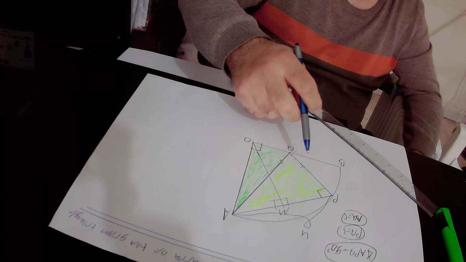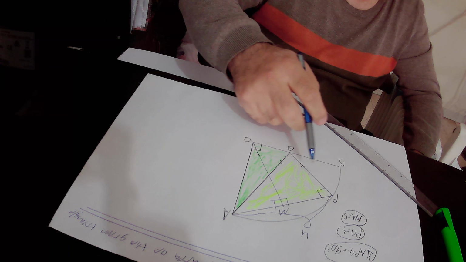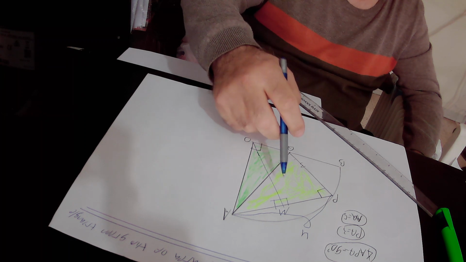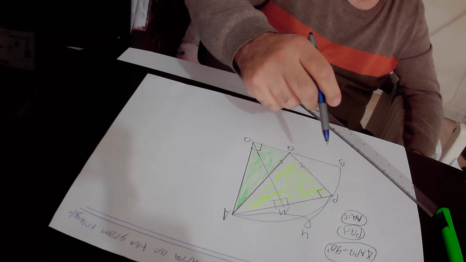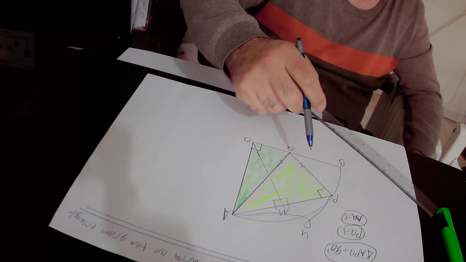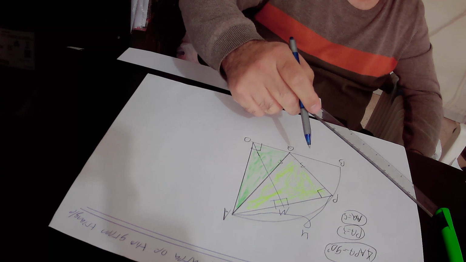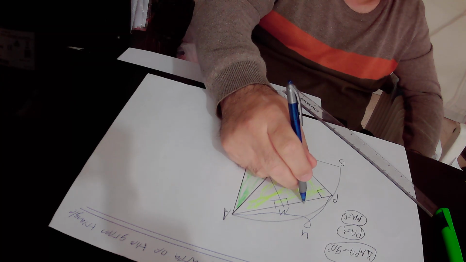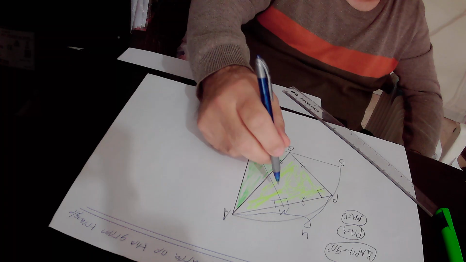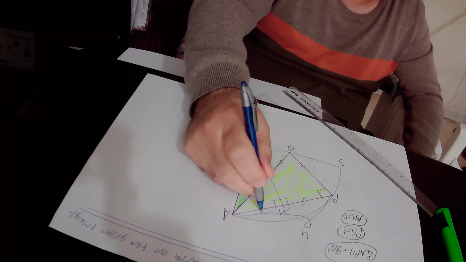So we divide this into two halves. The first half is PM and the second half is MA. Because PA in total equals 4 units in length, the first half PM will be equal to 2 units, and the second half MA also will be equal to 2 units.